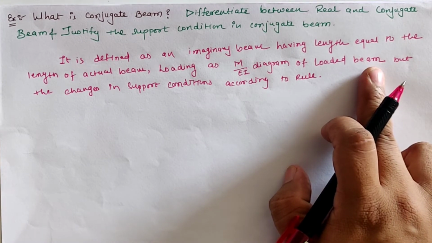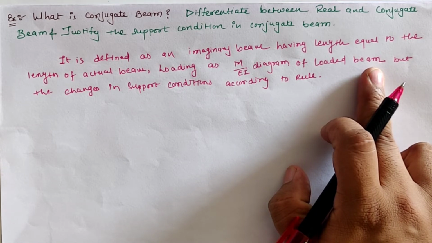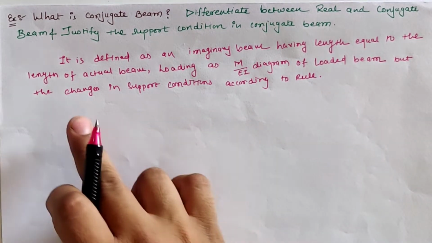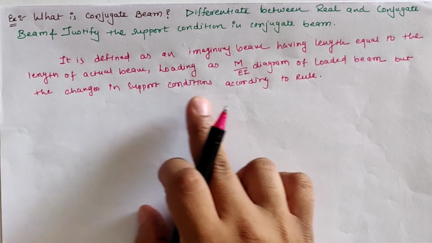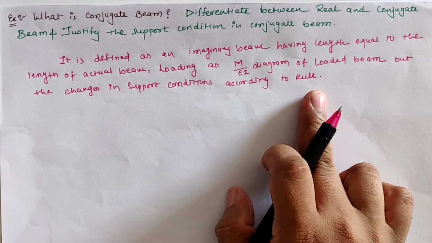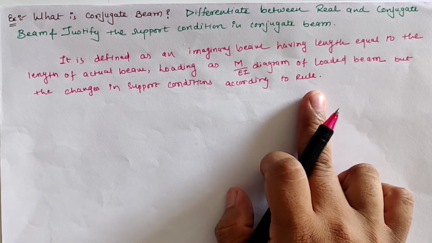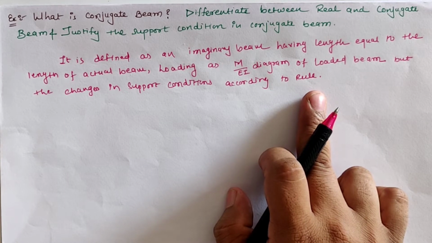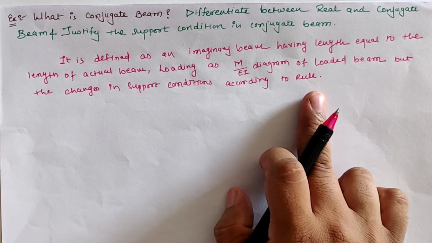It means the moment diagram divided by the flexural rigidity EI, and that moment diagram is converted into the loading in the conjugate beam, but the support condition changes according to the rule of the conjugate beam. So there may be changes in the support condition for the conjugate beam, but the length is constant for both the actual beam and the conjugate beam.